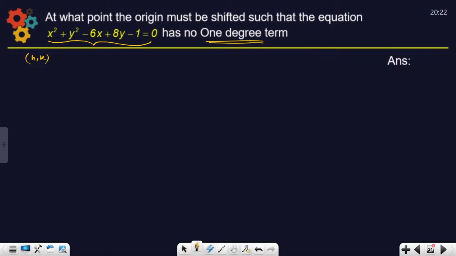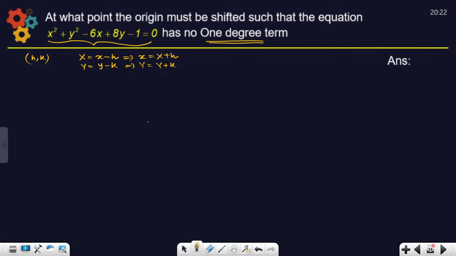Is it clear? So, your capital X is what? We all know that it is x minus small h. Capital Y is y minus small k. So from here we know that x is capital X plus h and y is capital Y plus k.